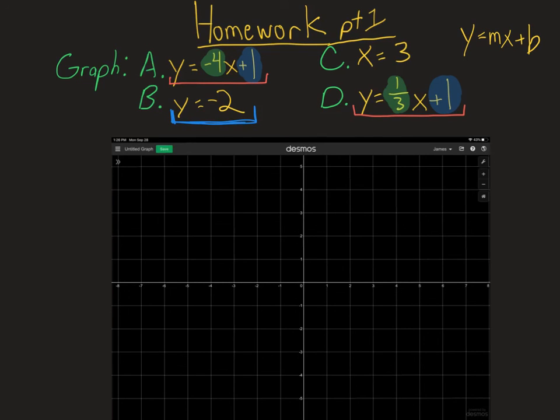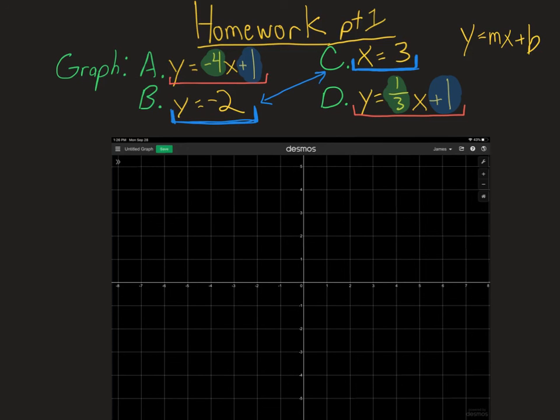Okay, it's not in y equals mx plus b format, and then the other one is the same way. That one might be a little easier to notice because it starts with x. It's the only equation type that would start with x. But those are our two special cases because they do not have the same form. They're missing the second variable. They're not set up for anything except a number on the other side of the equation.